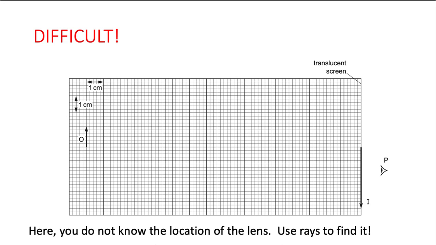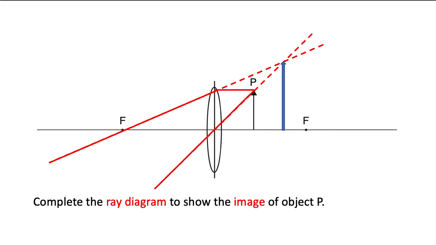In order for it to form on that side of a lens, imagine there's a lens in the middle there. Imagine this image forming on the right-hand side of the lens. Then we can do a little bit of working out. Every time we draw a ray diagram, we draw one ray which goes through the center of the lens.